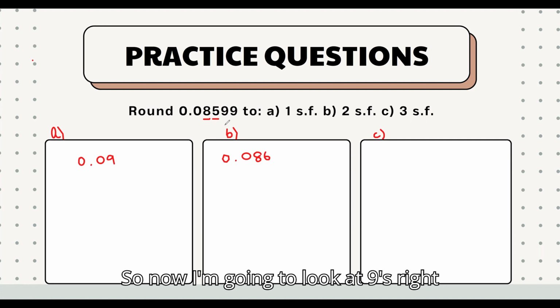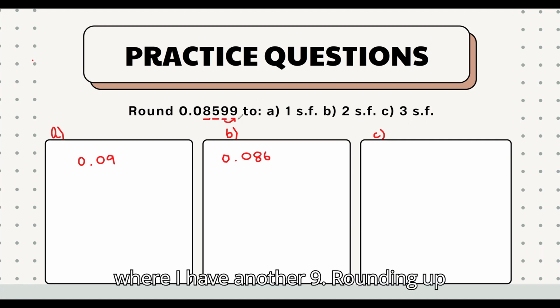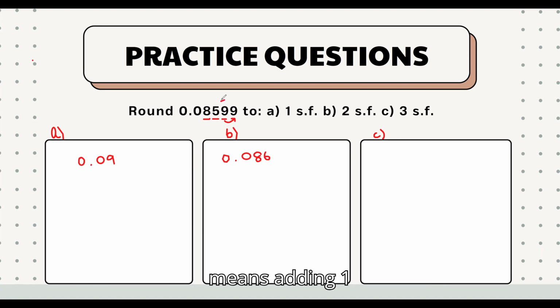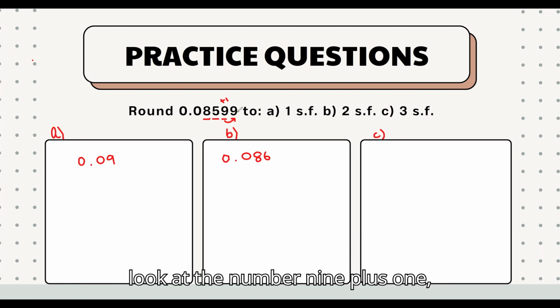Now I'm going to look at 9's right, where I have another 9. Rounding up means adding 1 to its previous number. So now if we look at the number, 9 plus 1 makes 10. So how am I supposed to write 10 now?